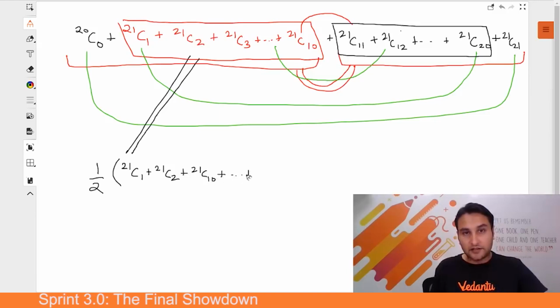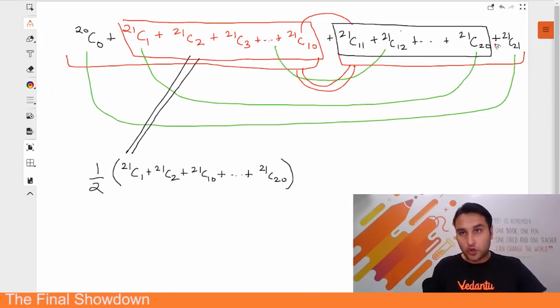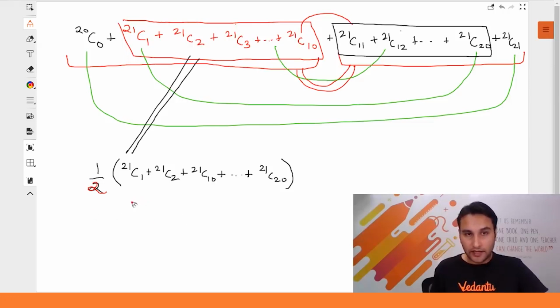I'm extending it till 21C20. Right? Why did I make half? Because earlier it was this. I wrote from here to here, red plus black. Okay, so 2 times हो गया ना red का. If I do red plus black, it will be 2 times red. So that's why I added half to simply write the red one. Cool? Agree?